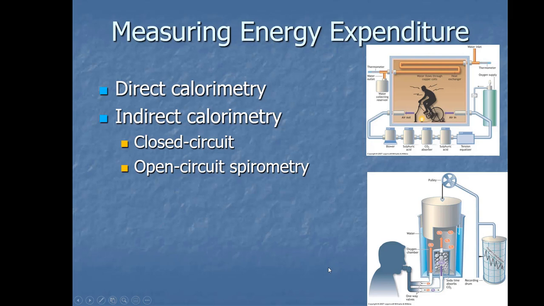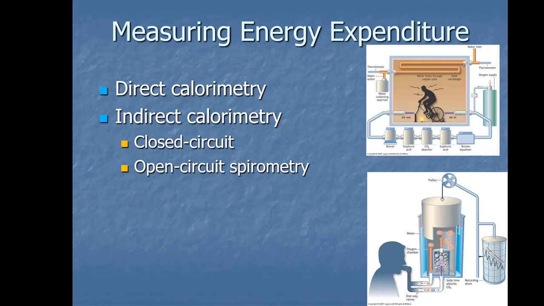So that's closed circuit. Open circuit also measures oxygen consumption, but it's a little bit different. You breathe in room air, and then only what you exhale is quantified for the expired gases. So it's open circuit, meaning that you breathe in from the atmosphere, and only what you exhale goes into some type of analysis.